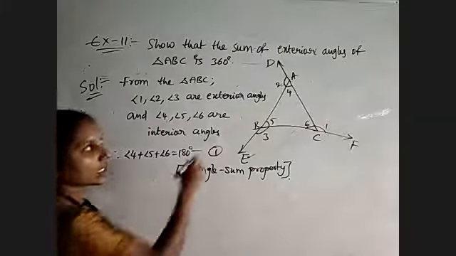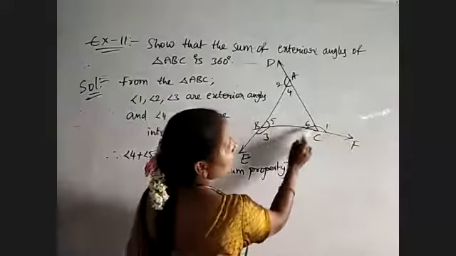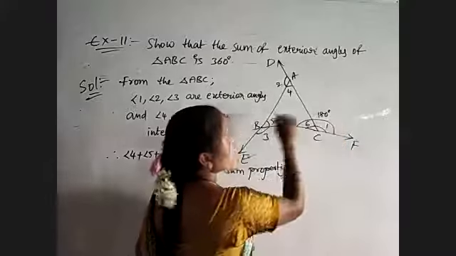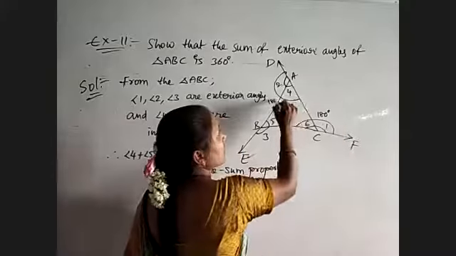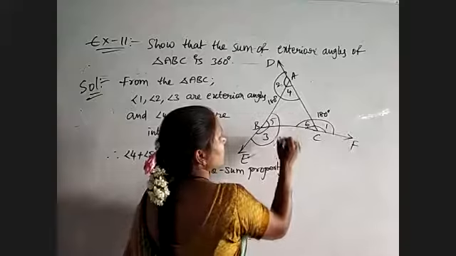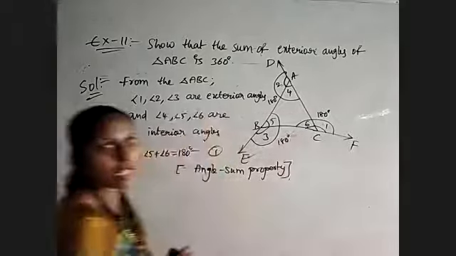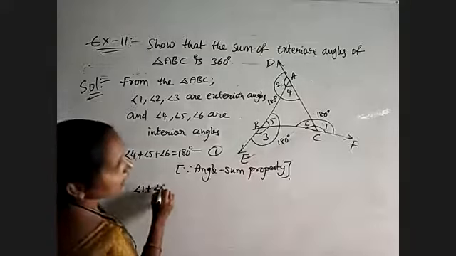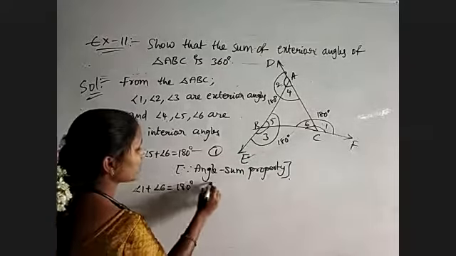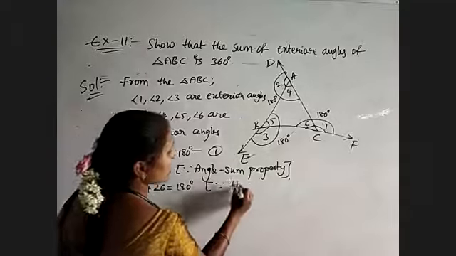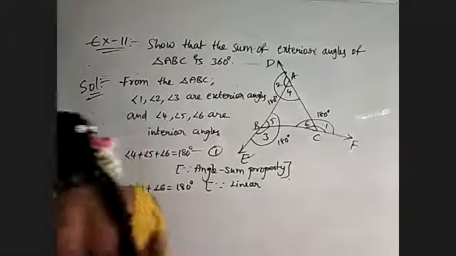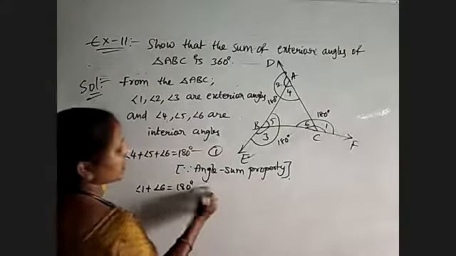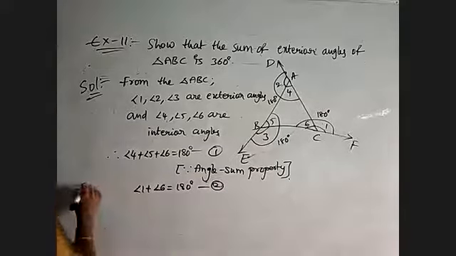It is very clear that angle 1 plus 6 is equal to 180 degrees because of linear pair, and this sum is also equal to 180 degrees and this sum is also equal to 180 degrees. So from the figure, angle 1 plus angle 6 is equal to 180 degrees since linear pair. For everything the reason is linear pair only. So afterwards we'll write. Let it be equation 2 from the figure.